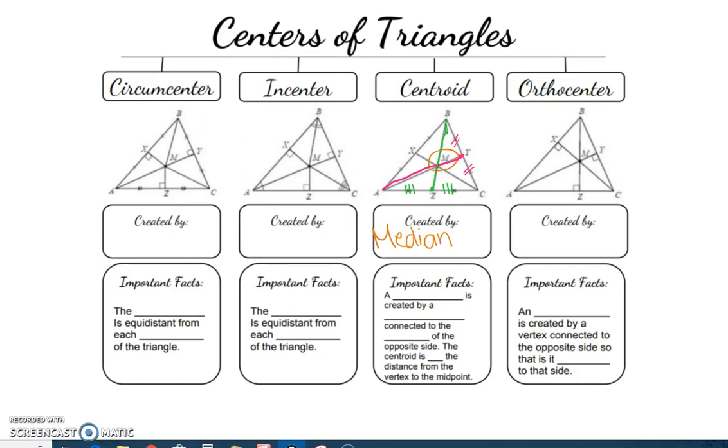And then we have angle C. The median goes to X. And it splits side AB into two congruent pieces because X is the midpoint. So a median connects the vertex of the triangle to the midpoint of the opposite side.